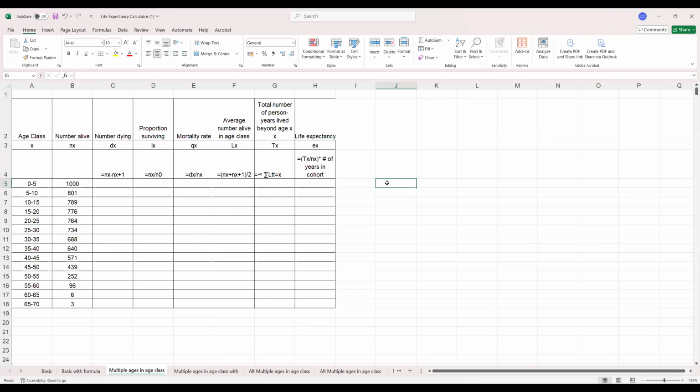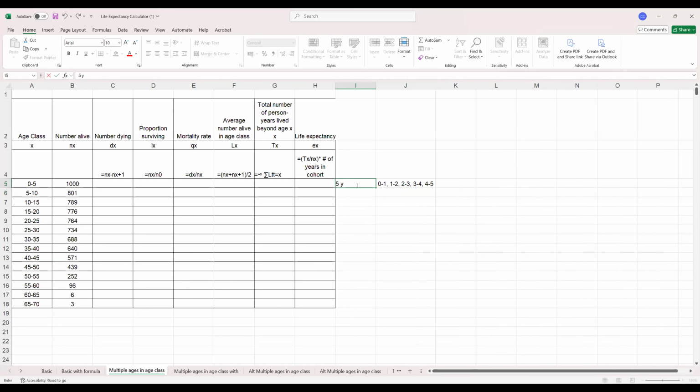So paano nyo bibilangin ang age class pag ganito yung sitwasyon? So the counting is 0 to 1 is one age, 1 to 2 is another age, 2 to 3, 3 to 4, and 4 to 5. So yan, na-cover na natin yung 0 hanggang 5. That means 1, 2, 3, 4, 5.